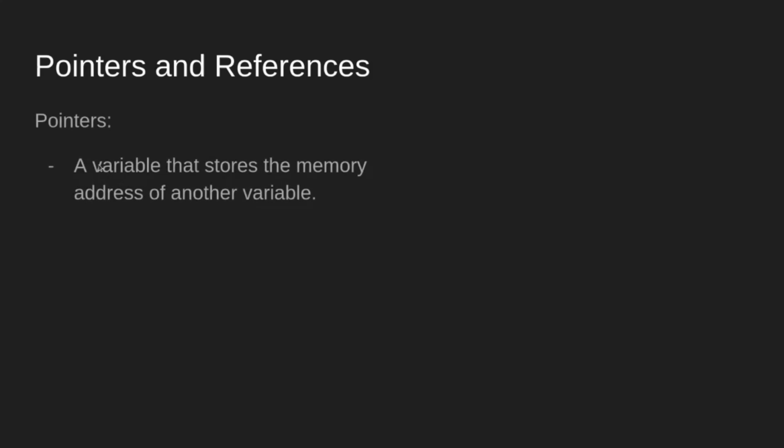The next thing I'll be talking about is pointers and references. And this is more stuff about how variables interact with memory. So a pointer is still a variable, but what it does is it stores the memory address of another variable.